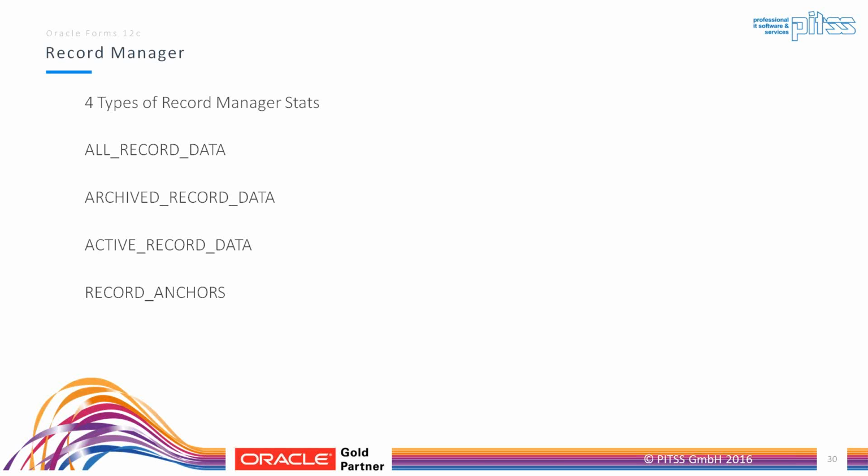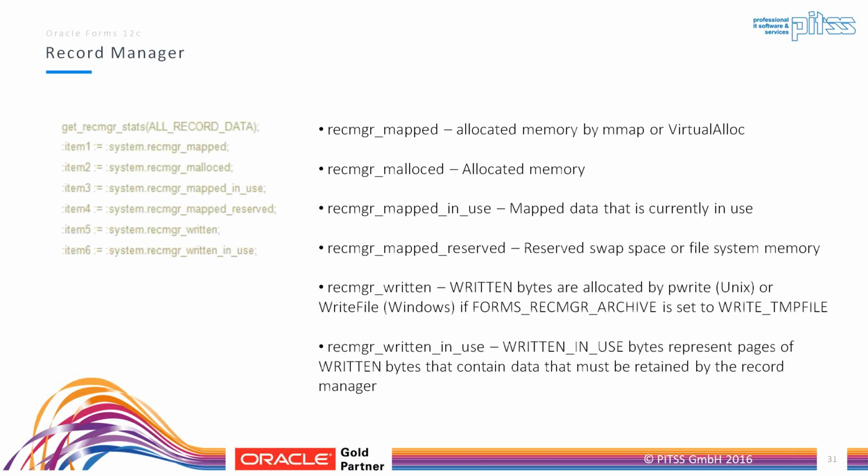There are 4 types of record manager stats. There's the all record data, the archived record data, the active record data, and the record anchors. The all record data is the sum of the three others, so that's all together. You can query the values with the record mgr mapped, record manager written, and so on.